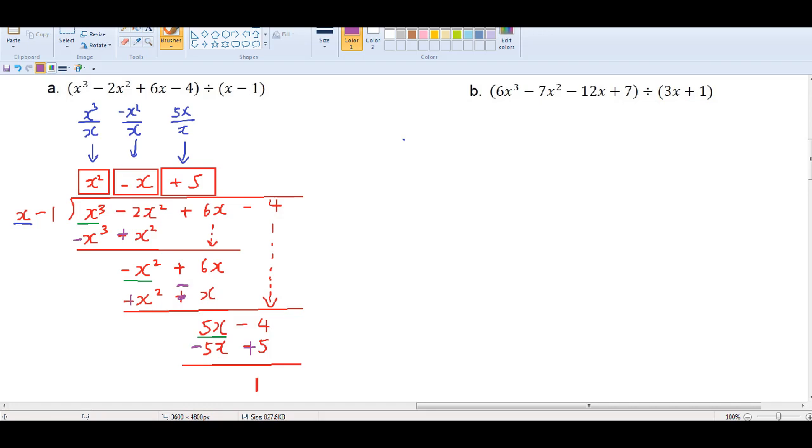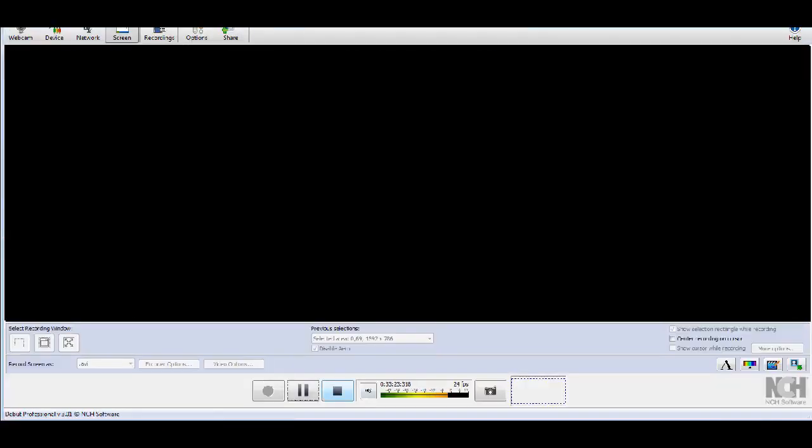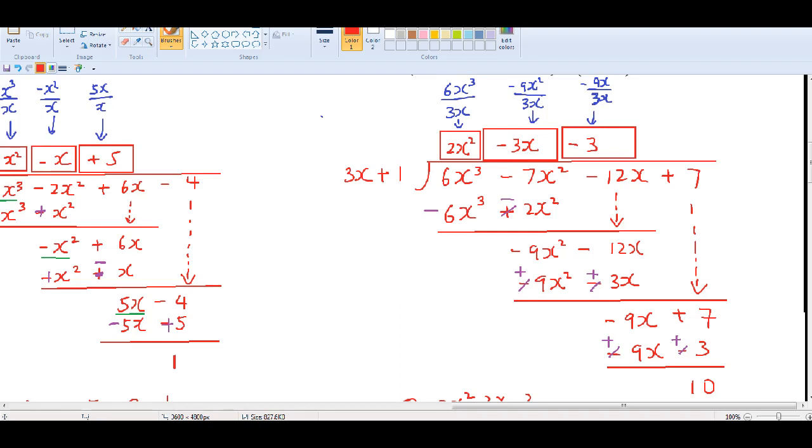Good. If you have no problem with this question, we can move on to the next one. Pause the video. Here's part B. Again, there are a few more steps than the quadratic one.